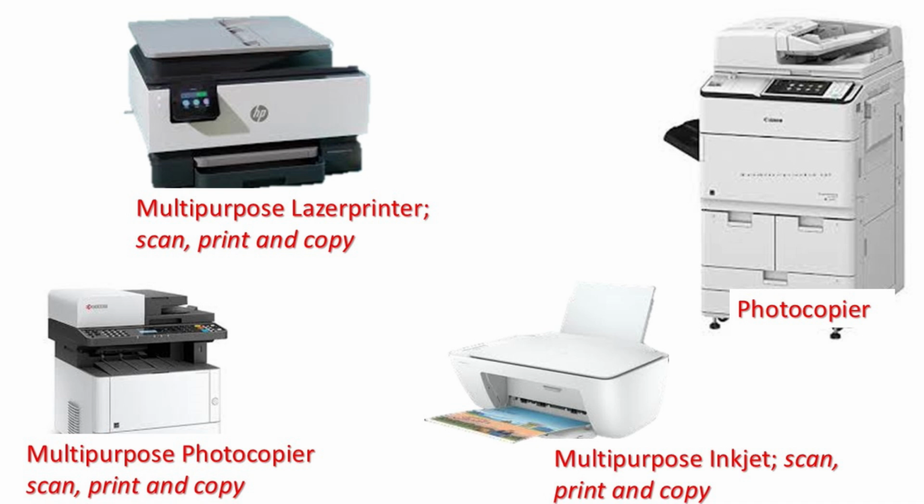But one thing is this: any of these machines, the photocopier and all these multifunctional or multipurpose machines, make use of the same technology for the production of documents. Laser printers, laser multifunctional printers, office multifunctional devices, and digital production printing systems all employ the same printing principle as that of the photocopier.